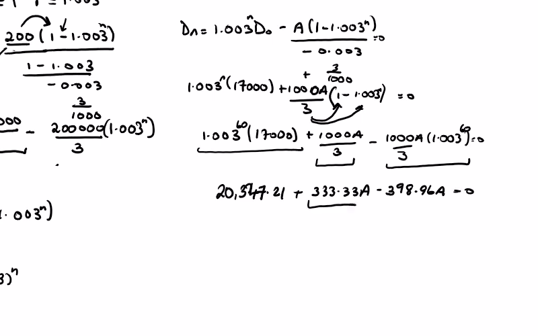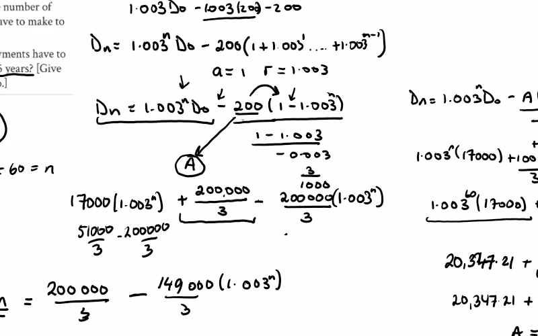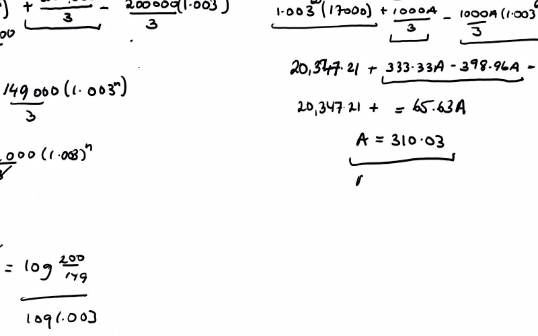These are going to be negative, bring them to the right, it'll be positive. So we're going to get 65.62, 65.63 will be equal to this. So A is equal to the left divided by the right, it's giving me 310.03. And that will be the A part of this question in euros. The monthly payments give the answer in euros, corrected to the nearest euro, so A is equal to 310 euros.